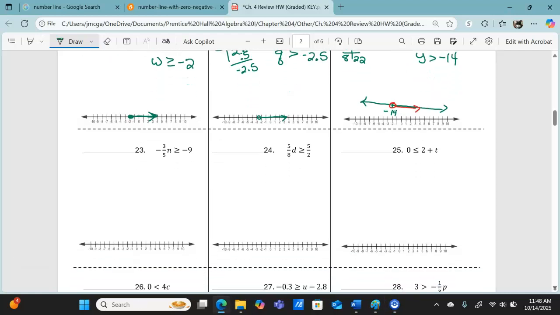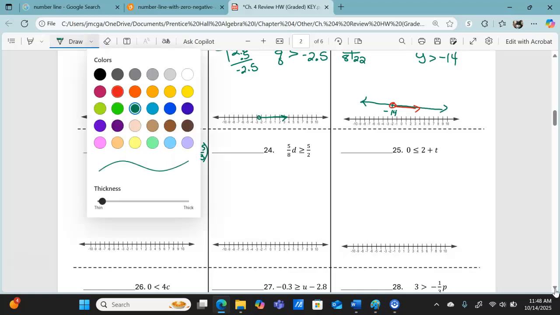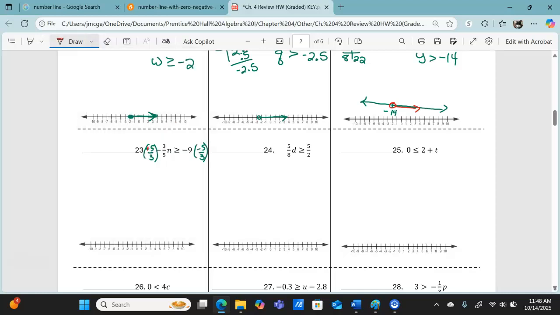Moving on to 23, to get rid of this fraction, which is essentially multiplying by 3 and dividing by 5, I'm going to do the reciprocal. I'm going to multiply by 5 and divide by 3, or multiply by 5/3. And I'm going to do a -5/3, and that's because a negative times a negative would give me a positive. Here, that's -9/1, so 3 will go into -9, -3 times.